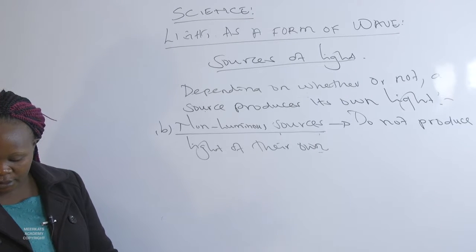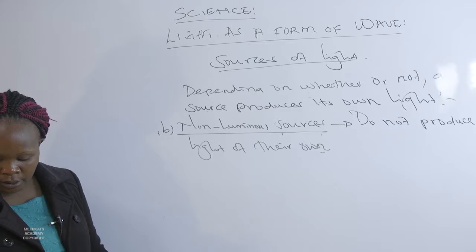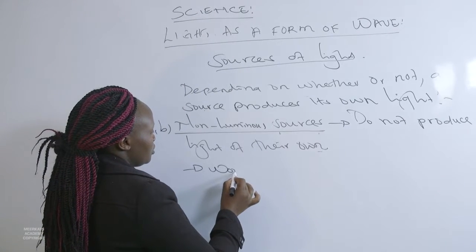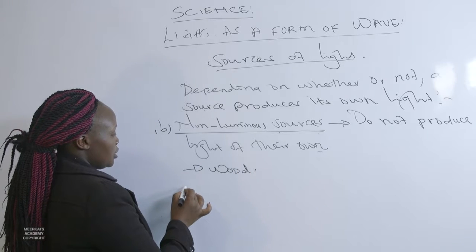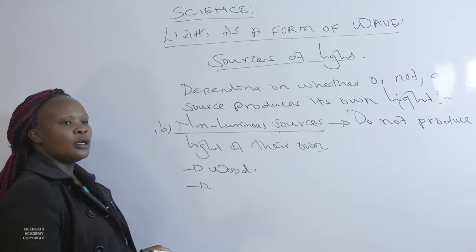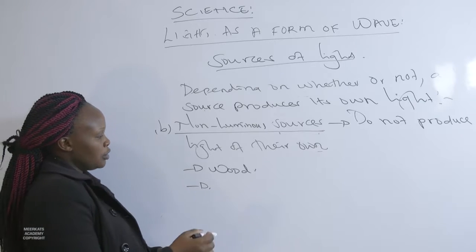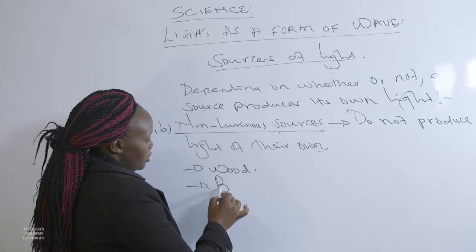I'll give examples, and examples are wood. You will see a piece of wood when light from a source is reflected. You can talk about a blackboard.